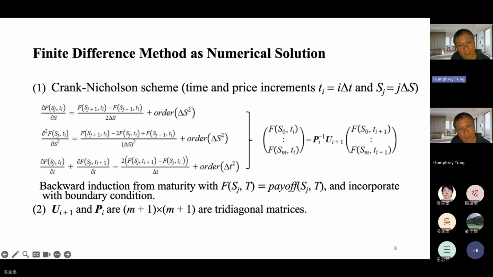It will be very slow. Also, in particular, if you have boundary conditions like an American option, by the time you solve this matrix equation you also need to take the boundary condition into account. So it might be very heavy duty if your number of prices is very large.